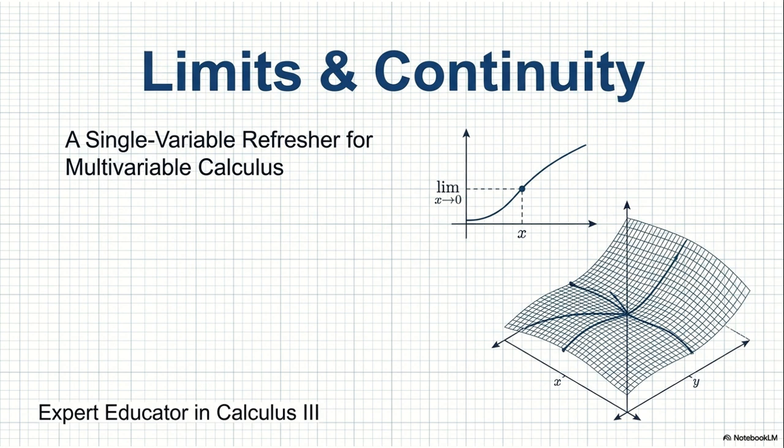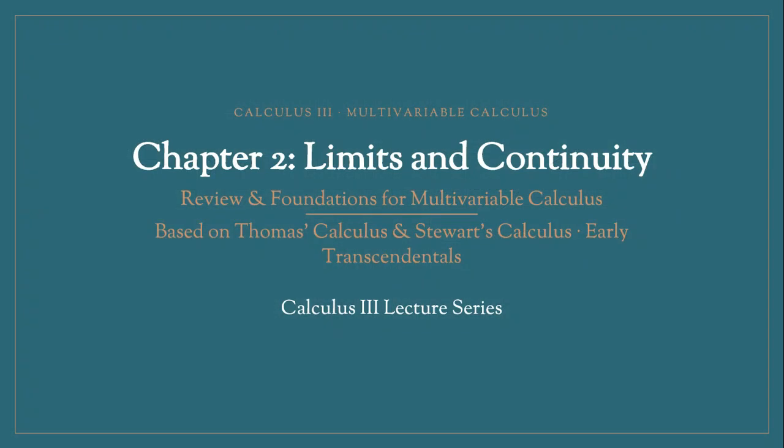Both of them are related to limits. In this chapter, that is chapter 2 from the Thomas calculus, limit and continuity is basically on a single variable.